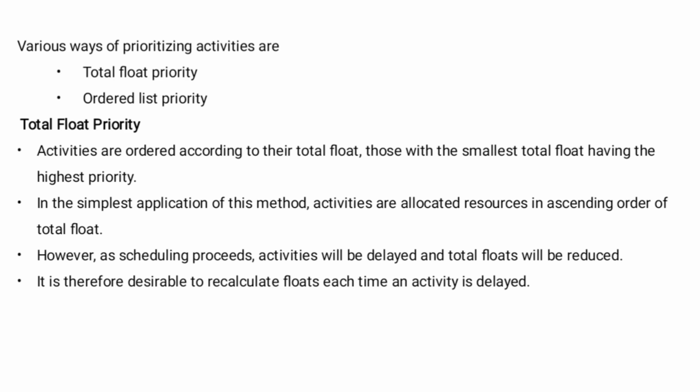In the simplest application of this method, activities are allocated resources in ascending order of the total float. However, as scheduling proceeds, activities will be delayed and total floats will be reduced. It is therefore desirable to reschedule floats each time an activity is delayed.